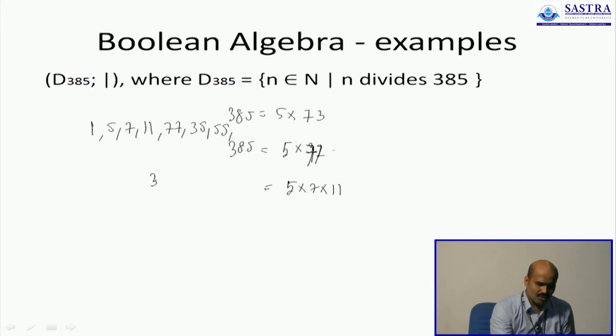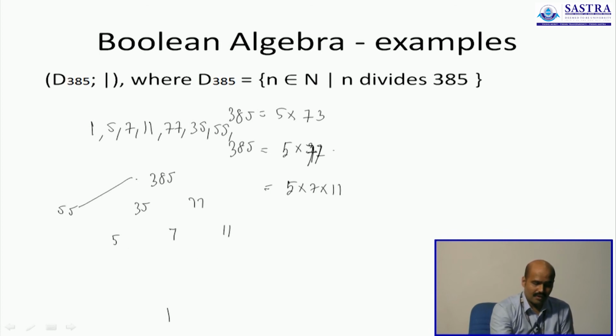So the lattice of this will look something like this. 385 at the topmost, 1 at the bottommost. You have 5, you have 7, you have 11, you have 35, you have 77, and you have 55 also.